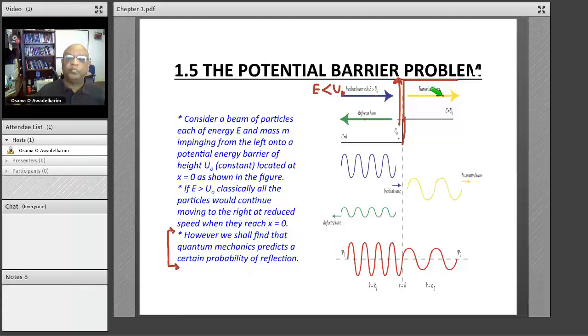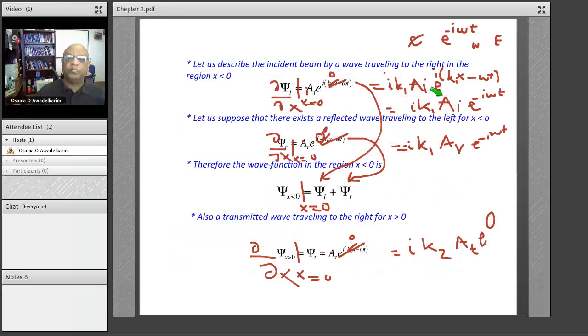However, quantum mechanics tells us that we still find some of the waves transmitted, even though the energy is less than the barrier. Now, that's surprising. Okay?